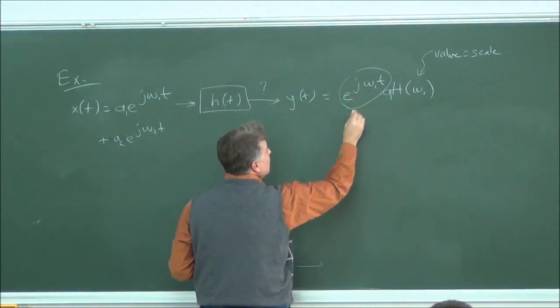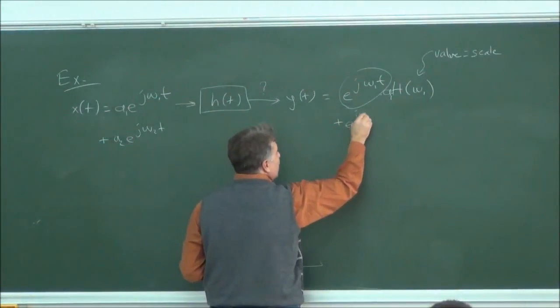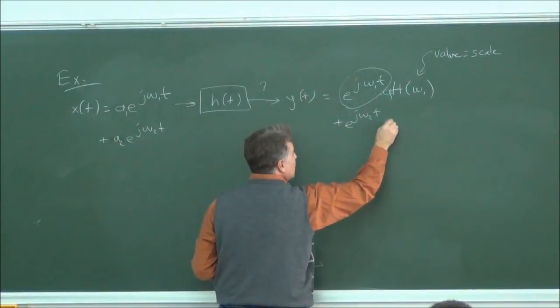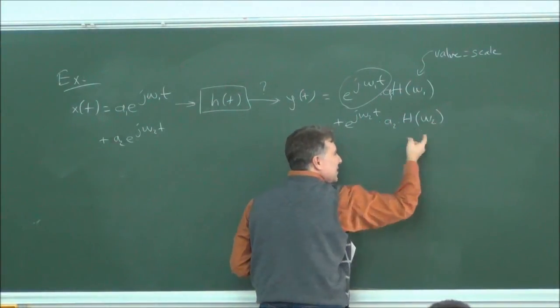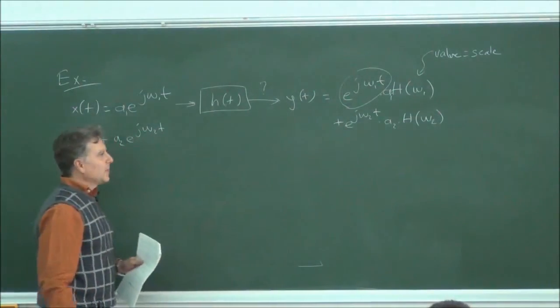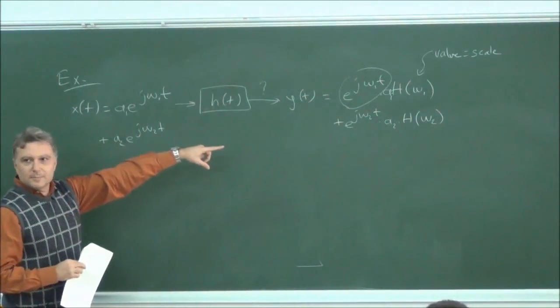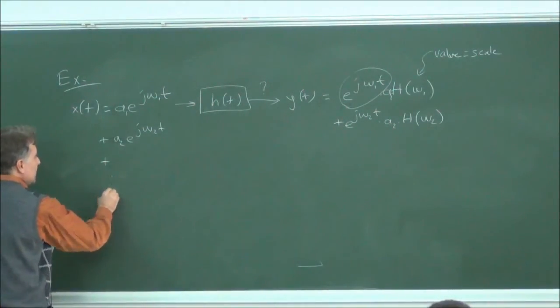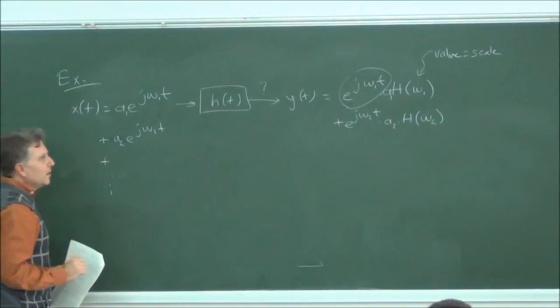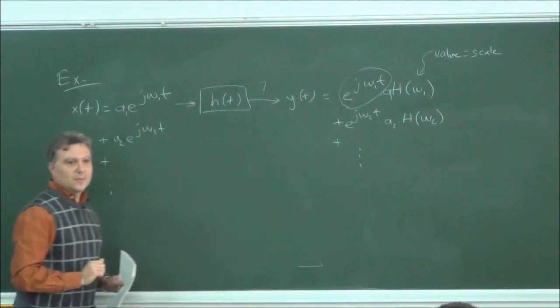The output is this plus e to the j omega 2 t times a2 times h of omega 2, this time a different scale. The first one is scaled like that, the second one is scaled like that, and they are added. What happens if this summation goes on? The same summation goes on in the output.